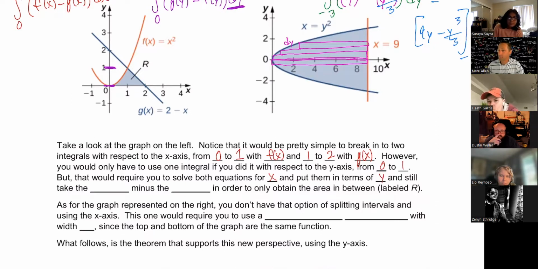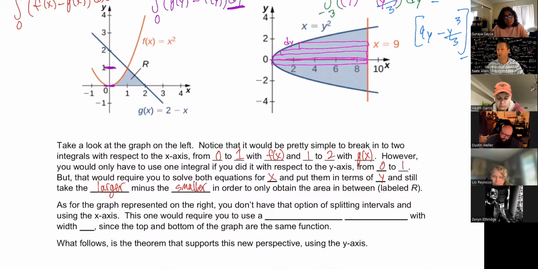So to generalize, we will always take the larger function, whether that's the y value in terms of x, or now the x values in terms of y. Okay, it'll be the larger minus the smaller function.